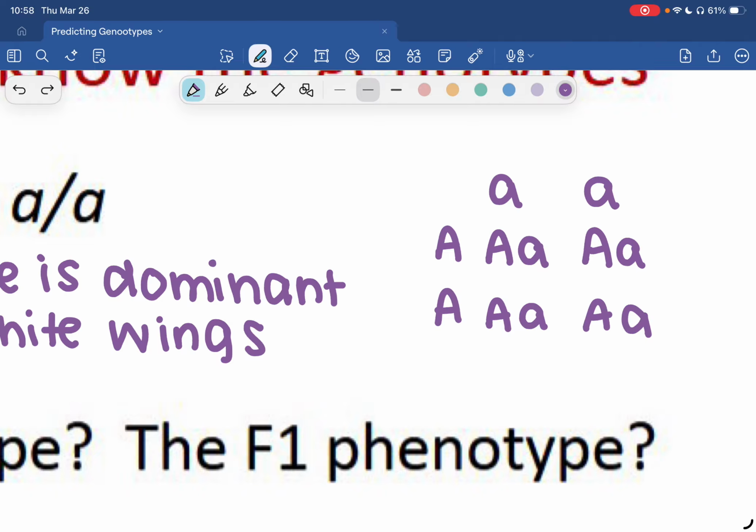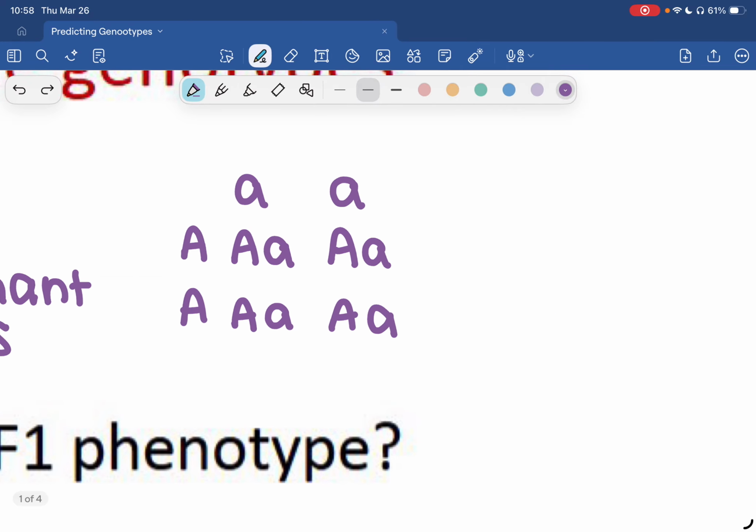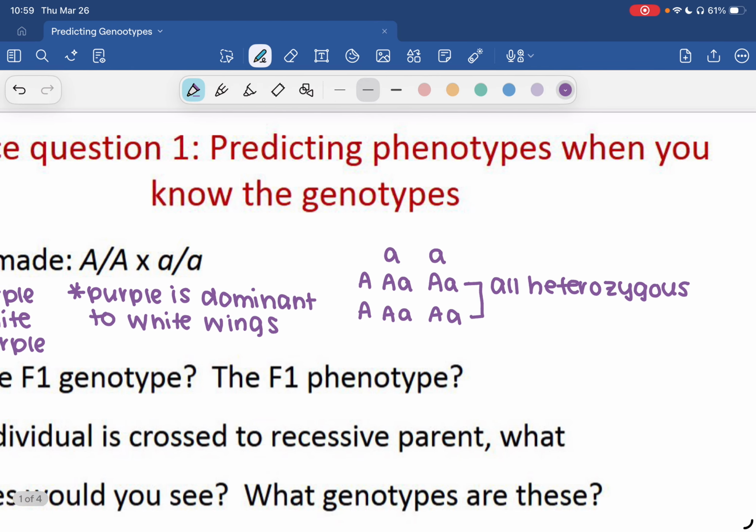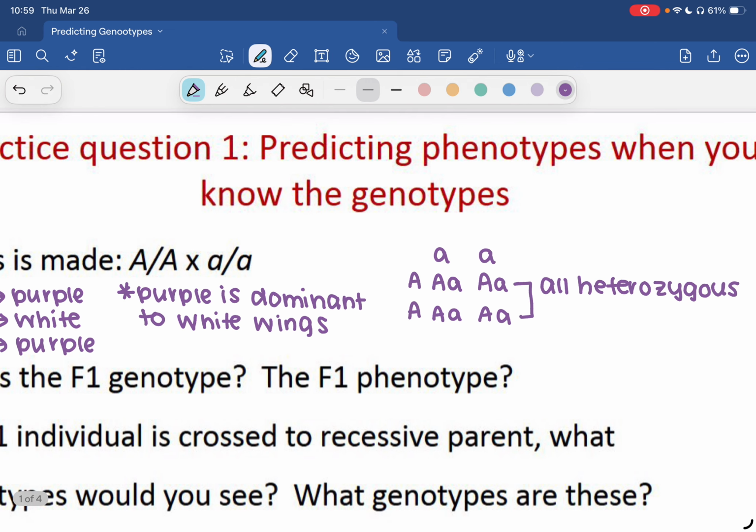Okay, so as you can see, all of these individuals are heterozygous, meaning they have one big A and one little a allele. So now that we know that they are all heterozygous, we can say 4 out of 4, 100%, whatever you want to use, are big A, little a.